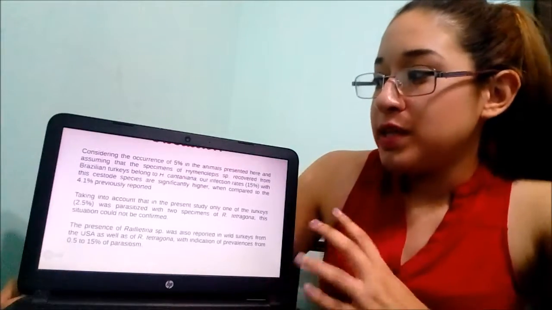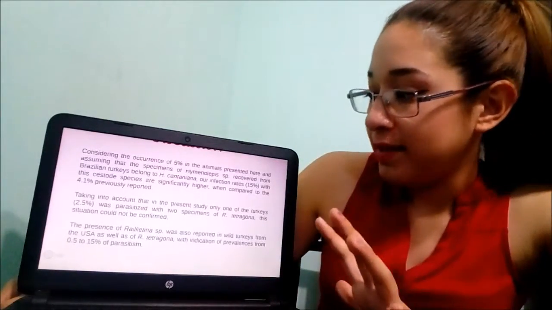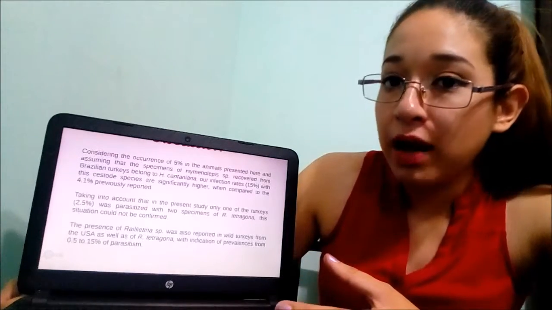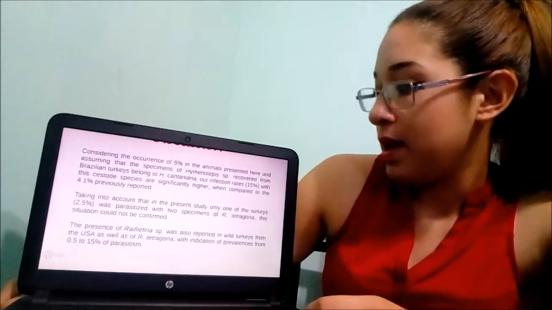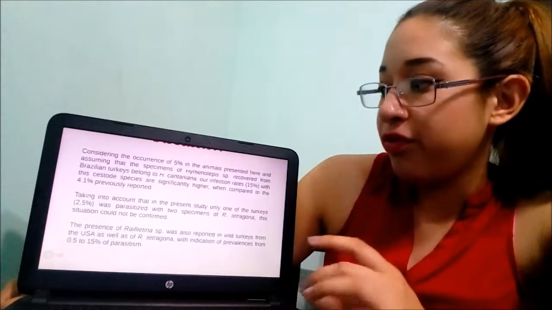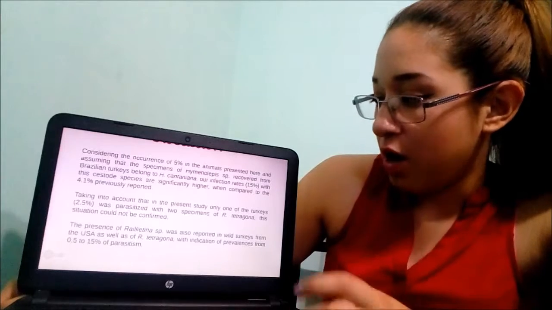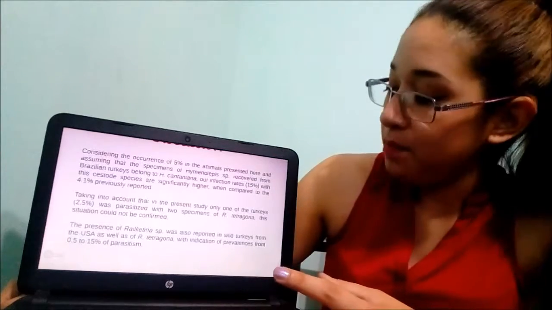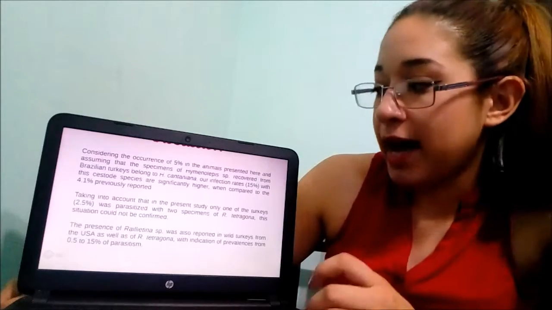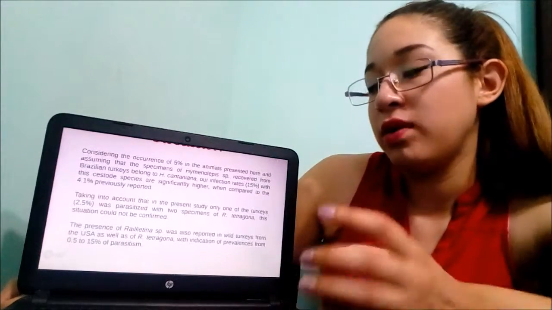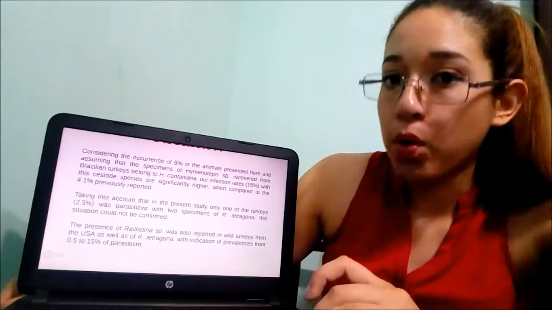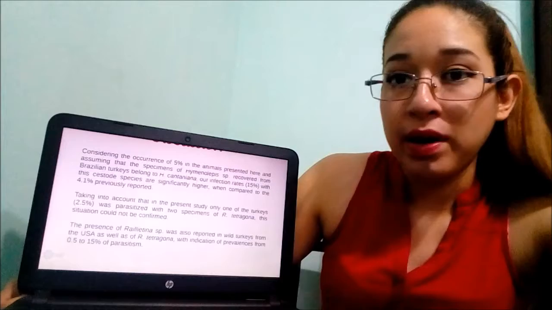But now, considering the occurrence of 15% in the animals present here, assuming the species of Hymenolepis recovered from Brazilian turkeys is Hymenolepis cantaniana, our infection rate with this species is significantly higher when compared to the 4.1% previously reported. This is a relevant data.